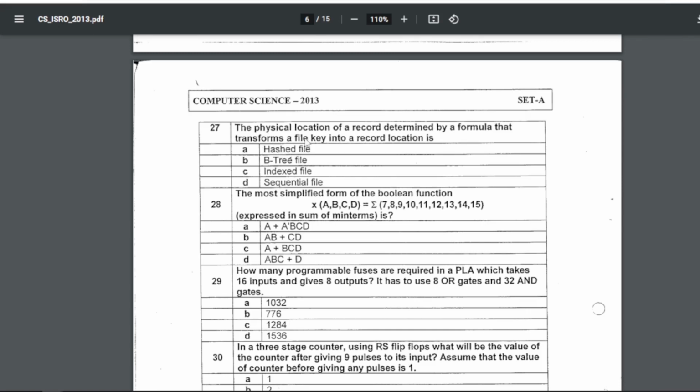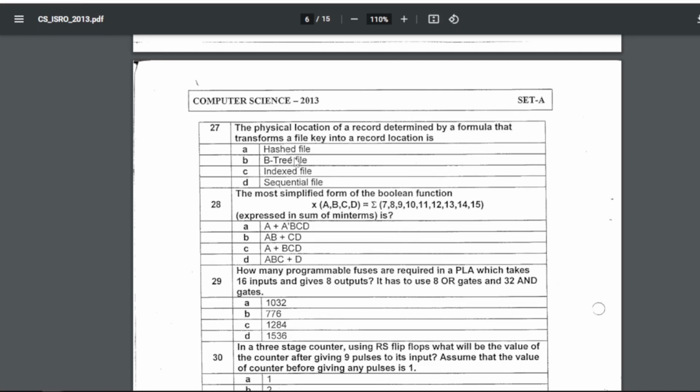So the physical location of a record determined by a formula that transforms a file key into a record location is hashed file, basically, because in a hashed file keys are inserted to the record location by using a formula or the hash key, and later the location of each of these file keys can also be retrieved by using the formula, right? So hashed file will be your correct answer here.